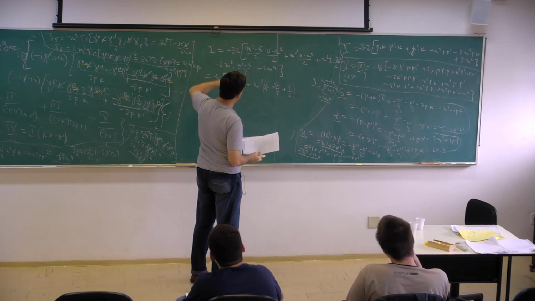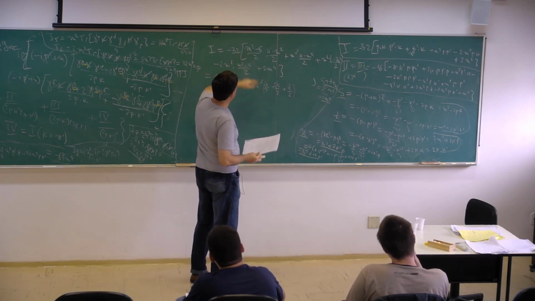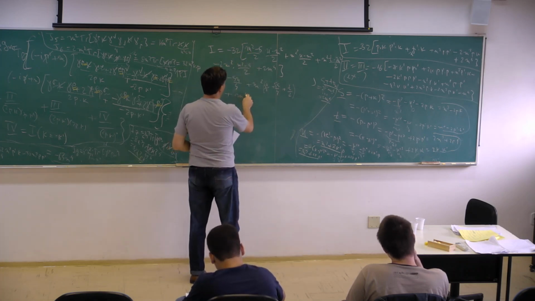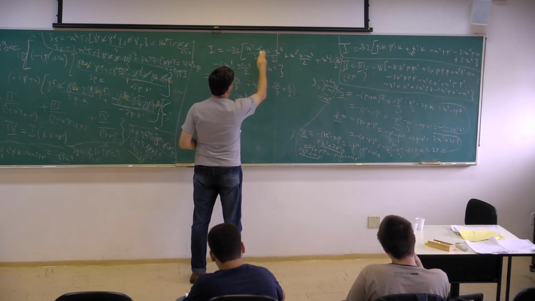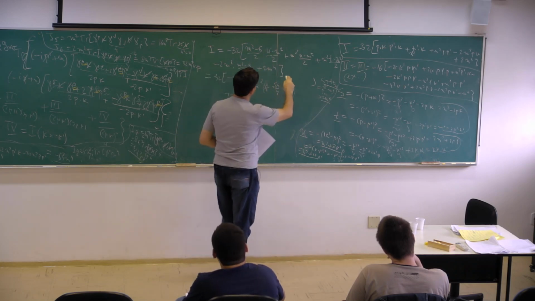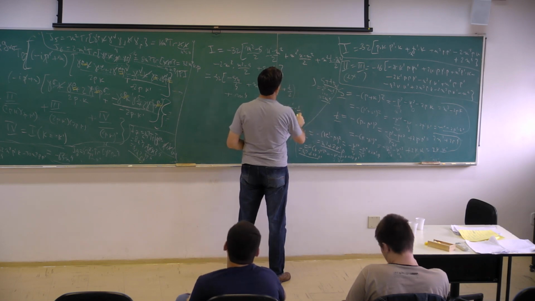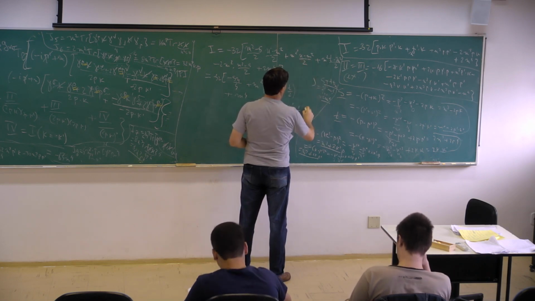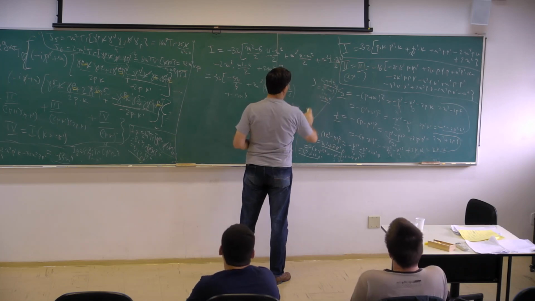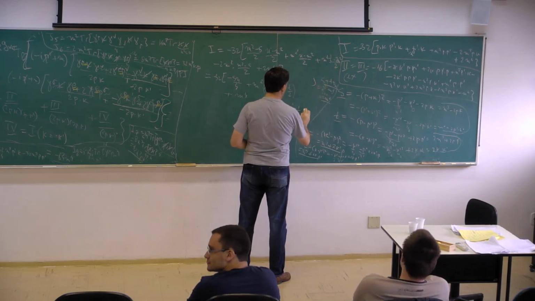But then let's see the m⁴ terms. Sorry. So here I have minus 1/4. Here I have minus a half. Here I have minus a half. No, minus 1. This is 2. Minus 1.